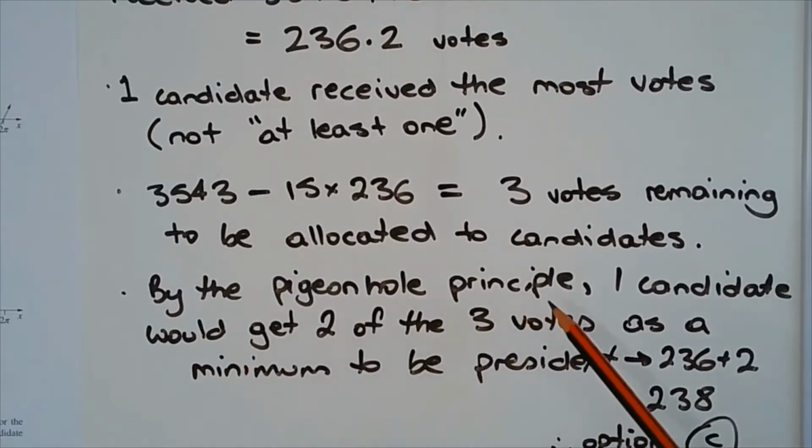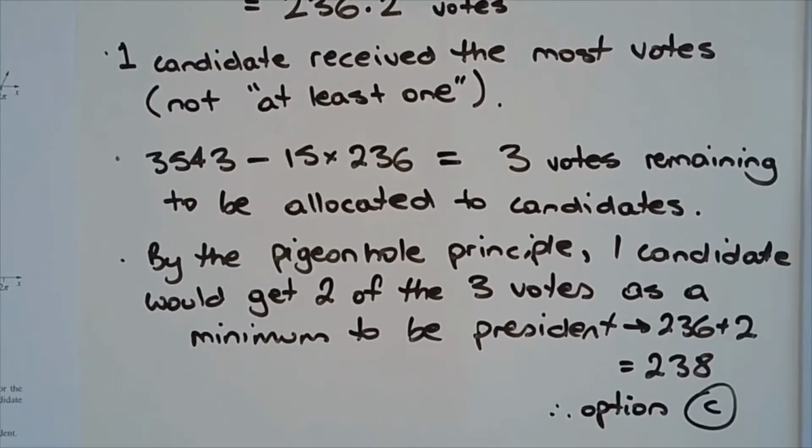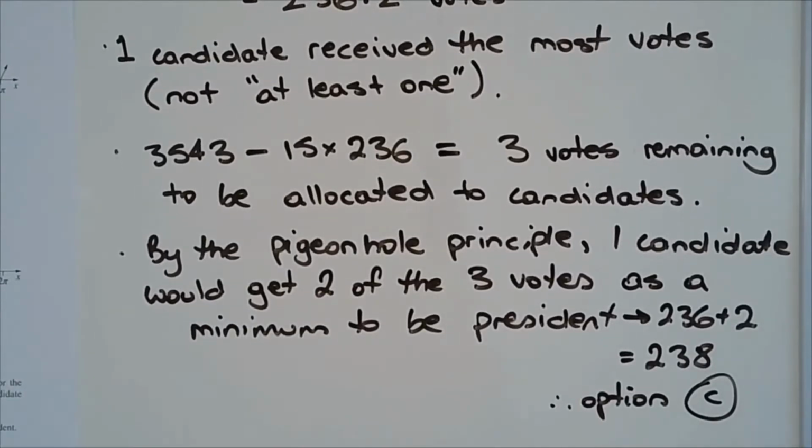Now, by the pigeonhole principle, one candidate would get 2 out of those 3 remaining votes. So if we take 236 as the integer and then add the 2 extra votes that candidate would have received, the minimum that candidate would have received to be the winner would equal 238. So therefore, the answer is option C.